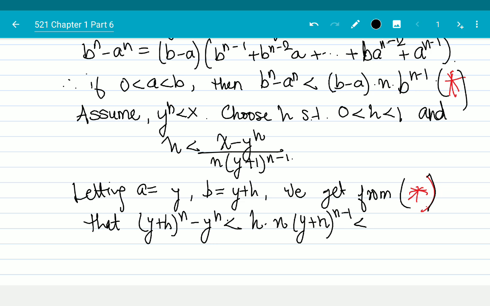Well, since H is strictly smaller than 1, this is strictly smaller than H times N times Y plus 1 to the N minus 1.